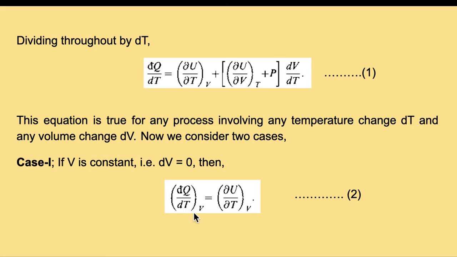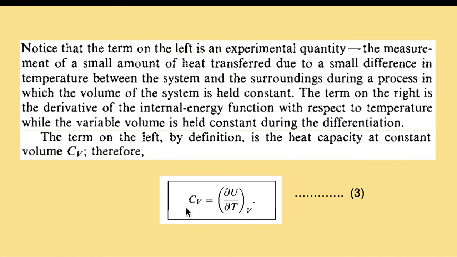So this term is clearly heat capacity. Notice that the term on the left is an experimental quantity, the measurement of a small amount of heat transferred due to a small difference in temperature between the system and the surroundings during a process in which the volume of the system is held constant.